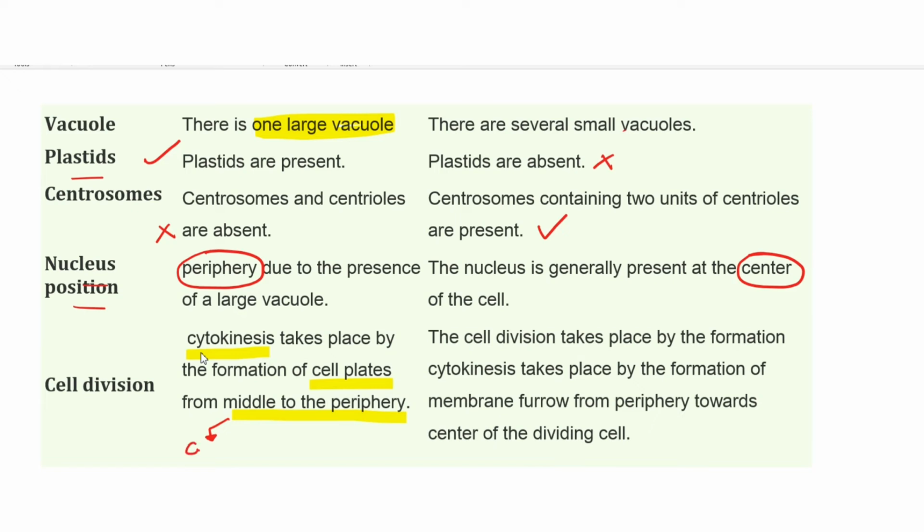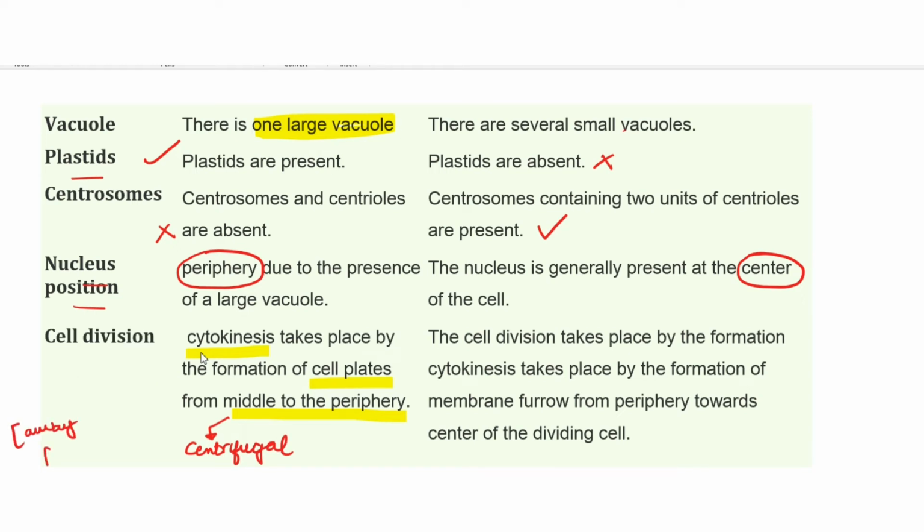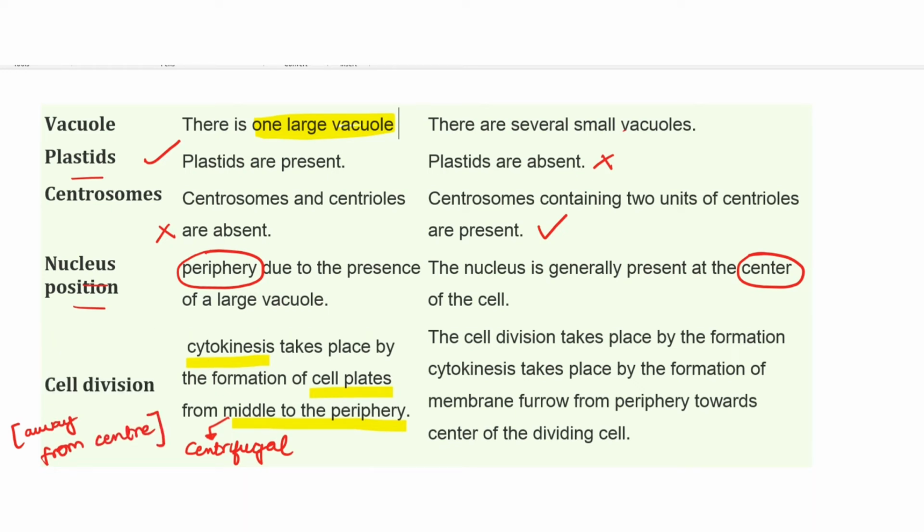In animal cells, cytokinesis, that is division of the cytoplasm, takes place by cleavage furrow formation from the periphery towards the center. Which means center seeking, which means it is centripetal.